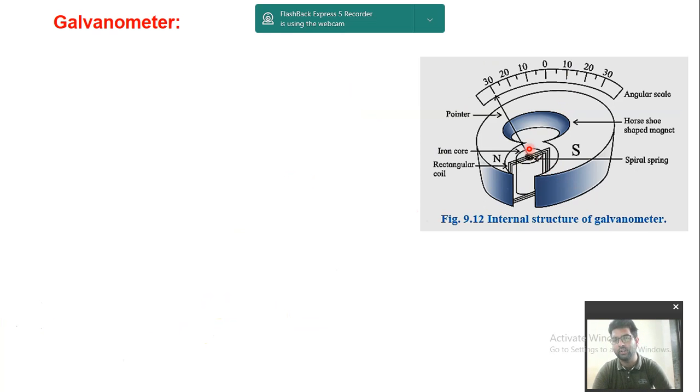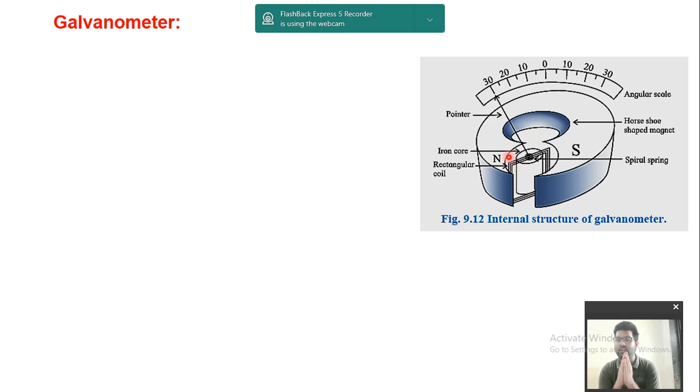Here you see this is an iron core, and this rectangular coil is actually wires mounted in the shape of a rectangle, which is also called an armature, and this is the horseshoe magnet having a north pole and a south pole, and this iron core is actually in between the north pole and south pole. On the iron core a rectangular coil is mounted.